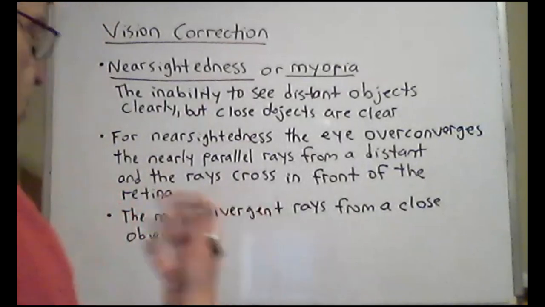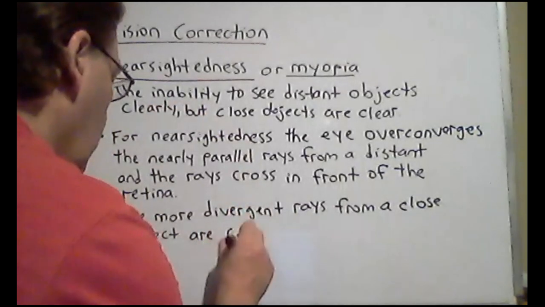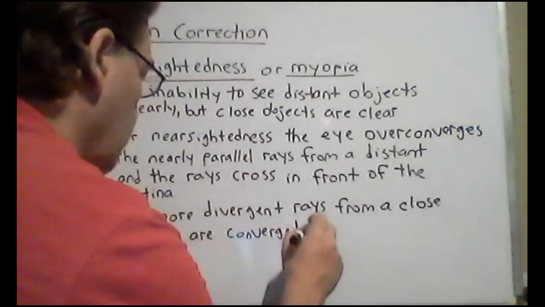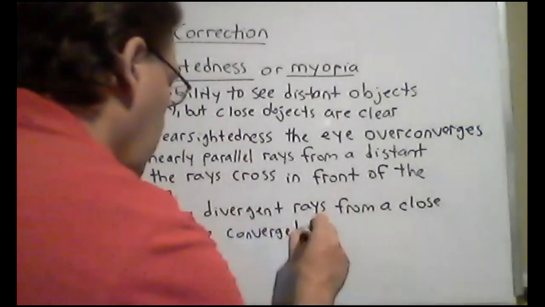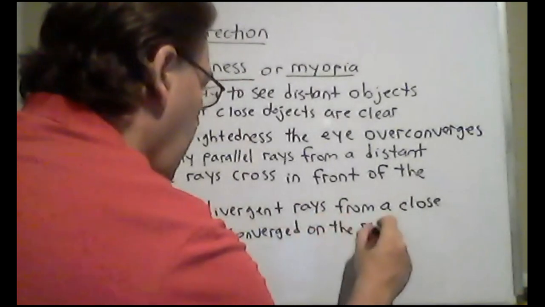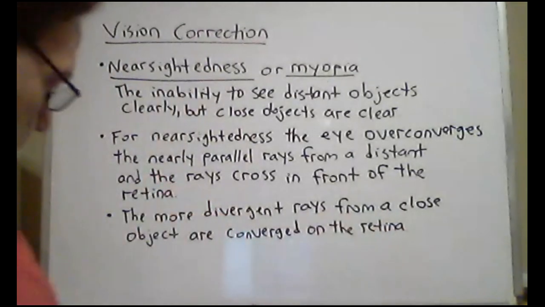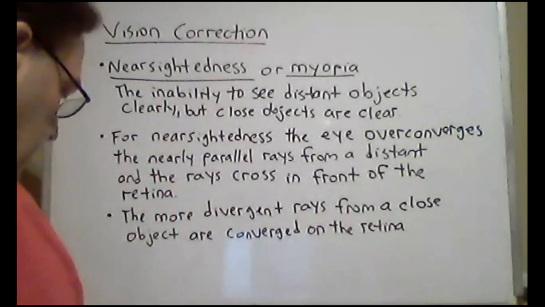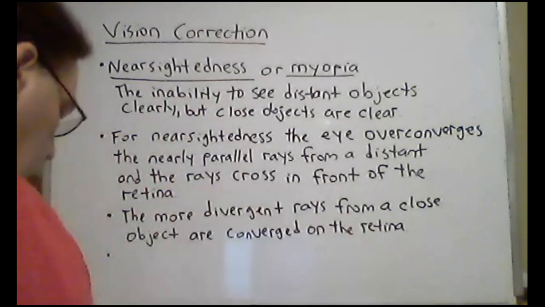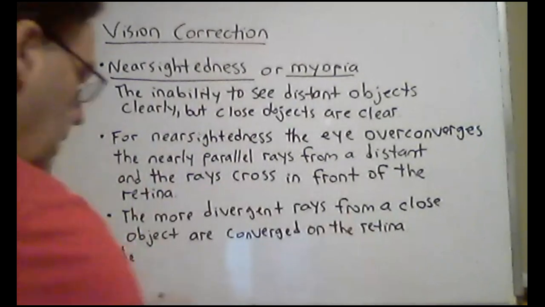We can converge rays from a close object, but not from far away. We call that nearsightedness, and I'll show you some pictures of it. Basically, the eye is too powerful, so that the far point is not infinity.